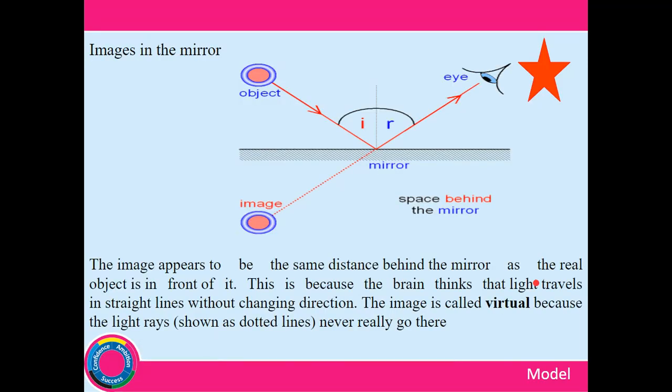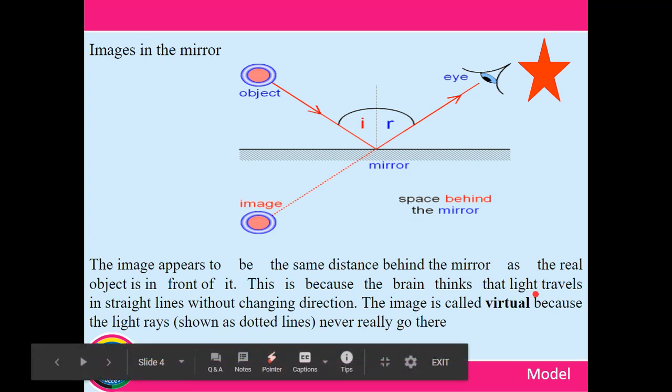Right, so the image is in the mirror. Now, when you look into a mirror normally, you don't just see a ray bouncing in and out. You see an image in the mirror, usually of yourself. So, when you look into a mirror, what you will see is your face. All right.